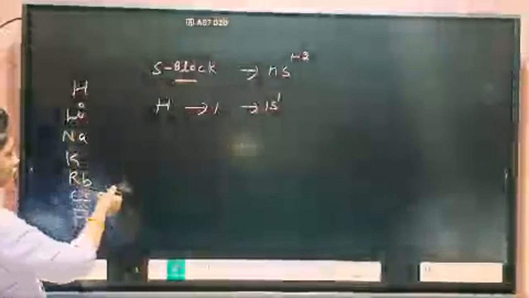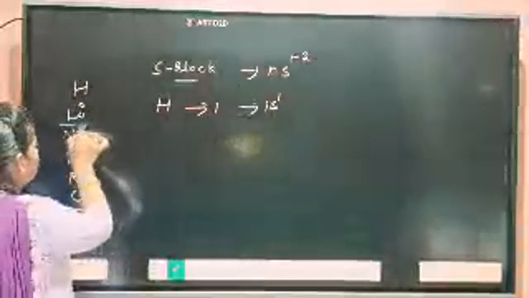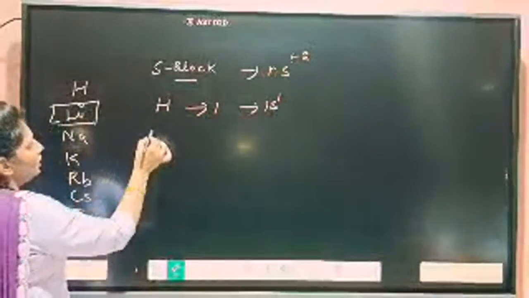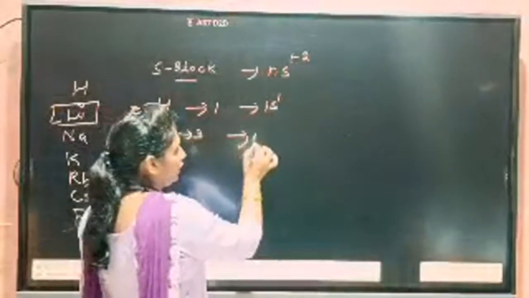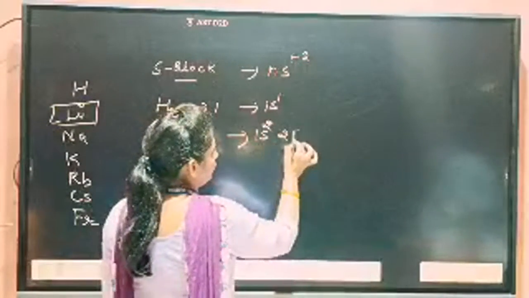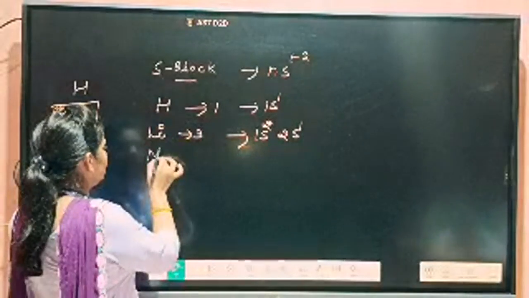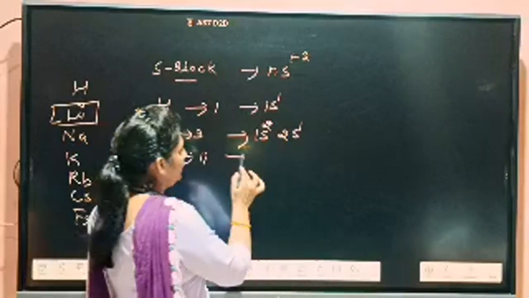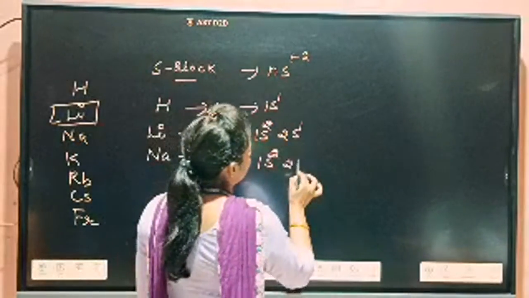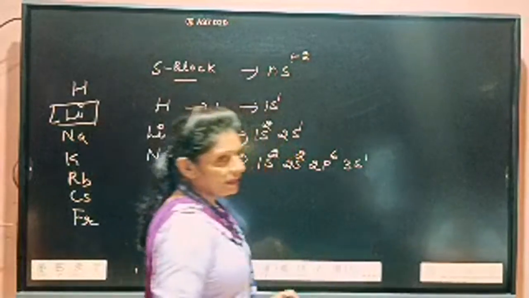This is group number 1: hydrogen, lithium, sodium, potassium, rubidium, cesium and francium. Lithium has atomic number 3. Then you can write the electronic configuration for it: 1s2, 2s1. Then sodium has atomic number 11. Here 1s2, 2s2, 2p6, 3s1. You can write for the others also.